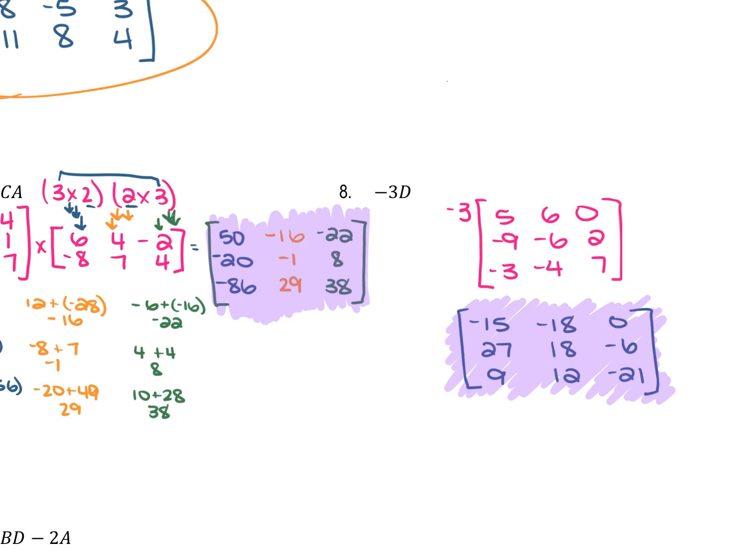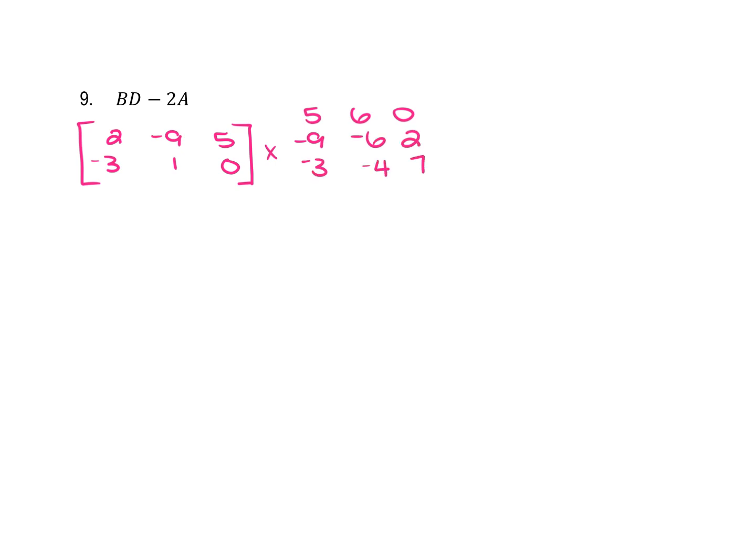For our next one, number 9, you have B times D minus 2 times A. So we're going to start by doing B times D. So that's that matrix that we had of 2, -9, 5, -3, 1, 0, times D, which is that 5, 6, 0, -9, -6, 2, -3, -4, 7.